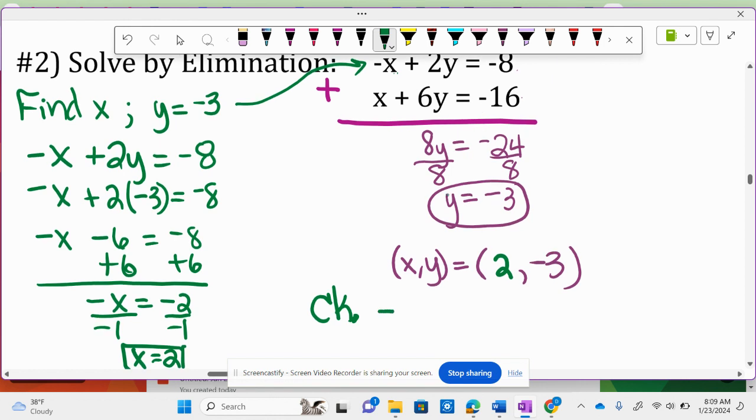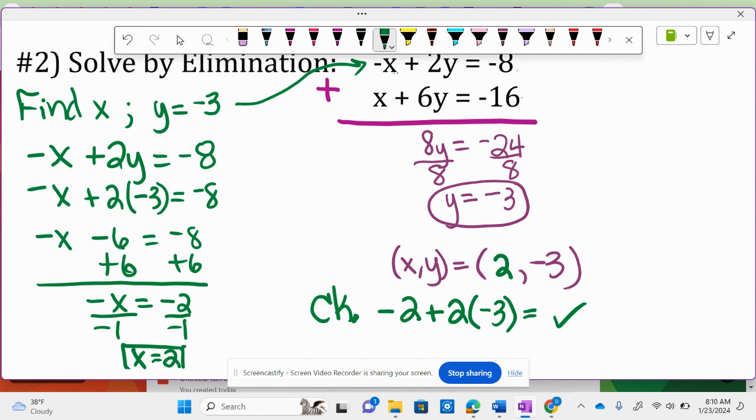So negative, not minus, 2 plus 2 times y, which is negative 3. And hit your equal sign. Tell me if you get negative 8. I don't see everybody picking up their calculators. What do we get? What'd you get, Bailey? Negative 8.